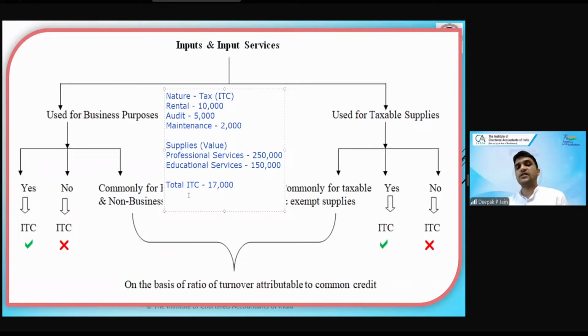So professional services is taxable. Educational services is exempted. So professional services is taxable. How much credit can I claim on 17,000? 17,000 into 2,50,000 divided by 250 plus 150 makes it 4 lakh rupees.